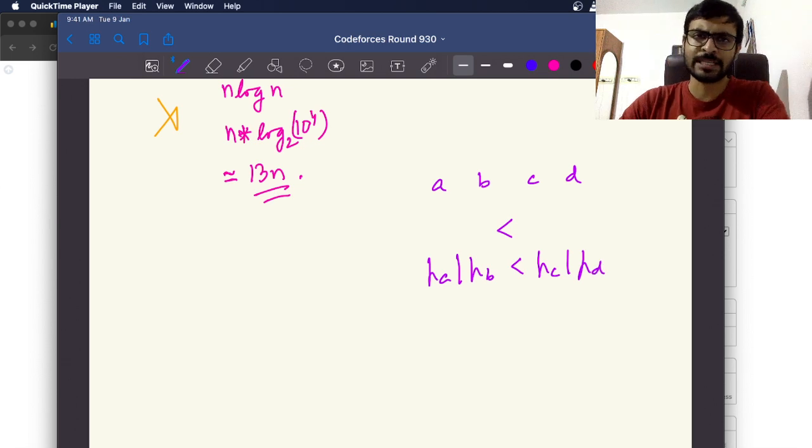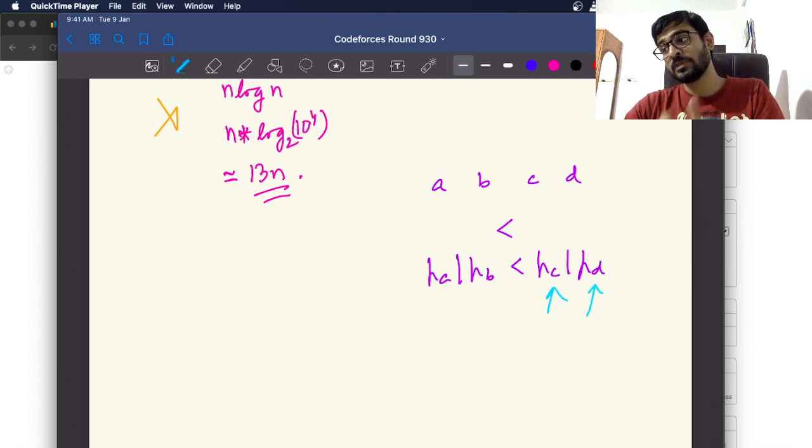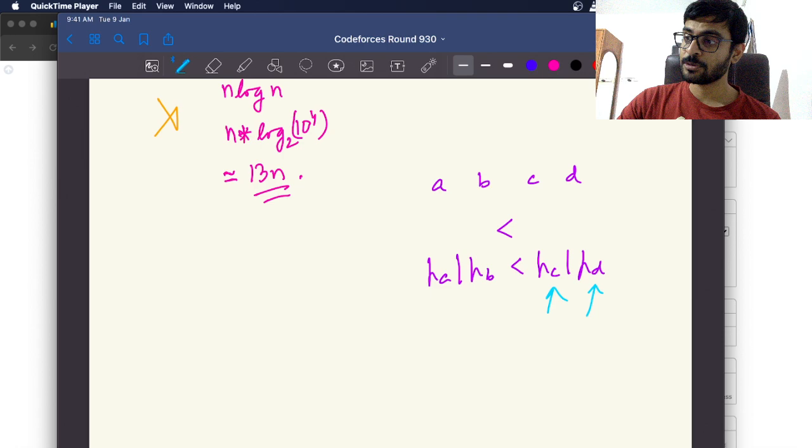Unfortunately, that doesn't tell me which one leads to the greater one. Let's say this is greater, so whether C is greater or D is greater, and in what way, how many crucial bits it has more, or whether it is a contribution of both of them to be bigger than these two.